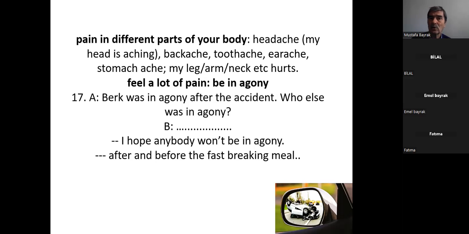Berk was in agony after the accident. Who else was in agony? Jakub was also in agony. I hope anybody won't be in agony after and before the fast breaking meal. I have a headache, for example. I have a headache after and before the fast breaking meal.